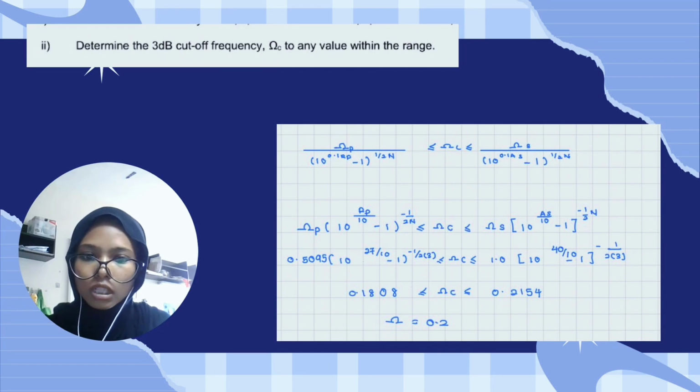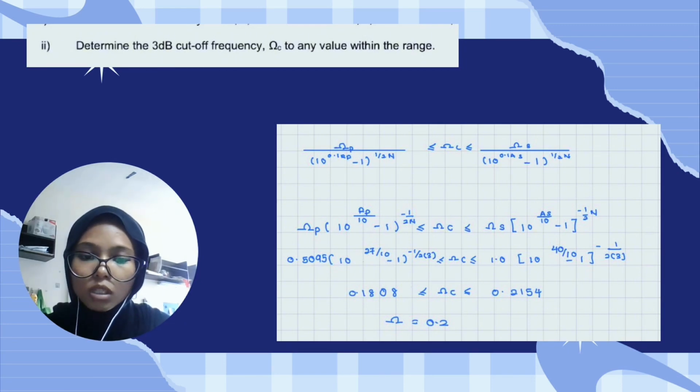The governing formula for this range is: the lower bound is the analog passband frequency divided by 10 to the power of 0.1 Rp minus 1, all to the power of 1 over 2n, and the upper bound is the analog stop band frequency divided by 10 to the power of 0.1 As minus 1, all to the power of 1 over 2n. By substituting our calculated filter order n, the pre-warped frequencies and attenuation parameters into the formula.